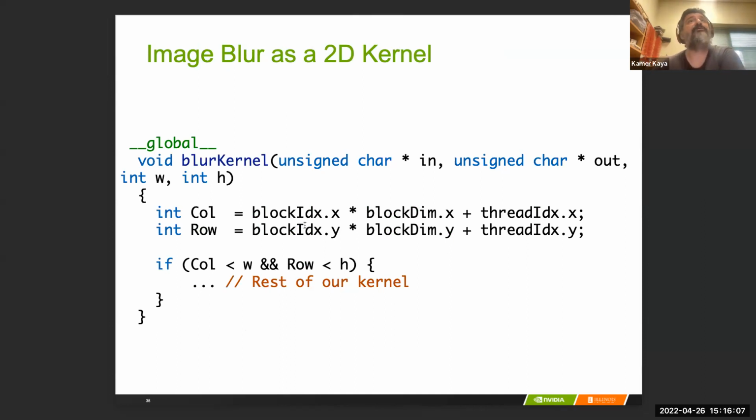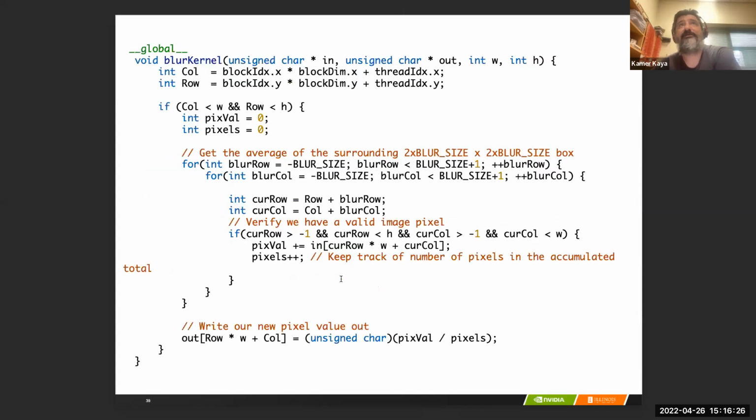We already learned how to do that. We find the column and the row for our pixel. Each thread does that. And after that, if the column is smaller than W and the row is smaller than H, then we are inside the boundary, and we will do something. So let's see, what do we do?